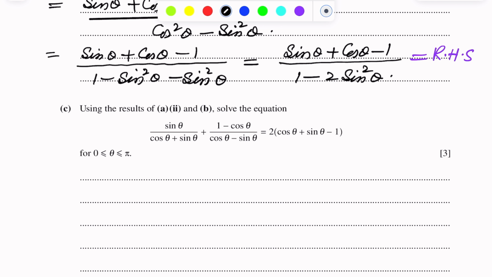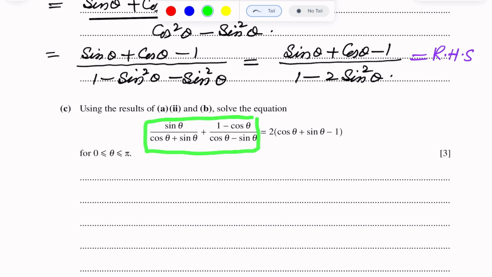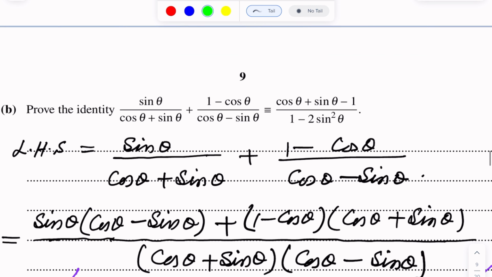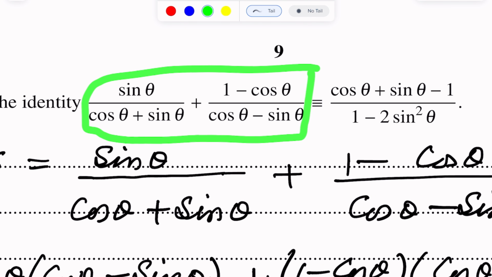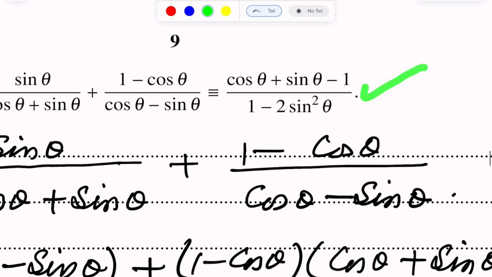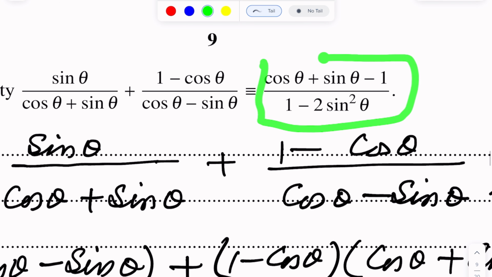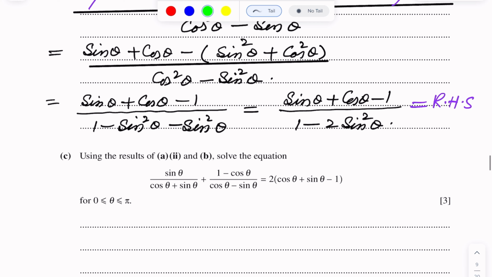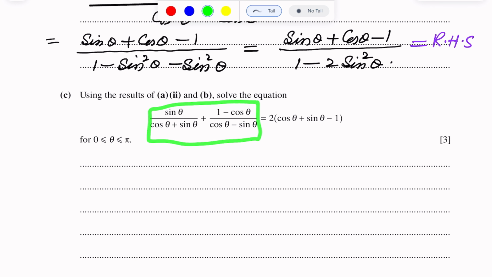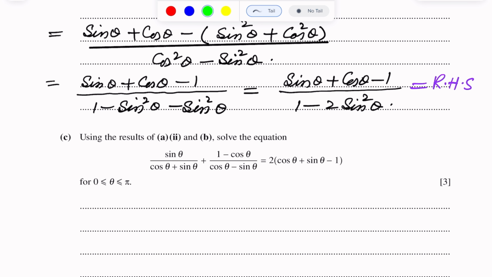So clearly we have shown that the left hand side of the above part is equal to this right hand side. So in place of this, we can put its other form.